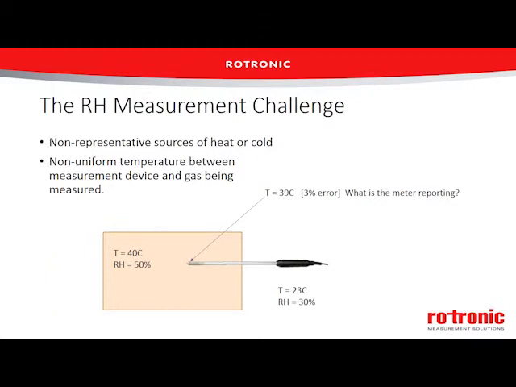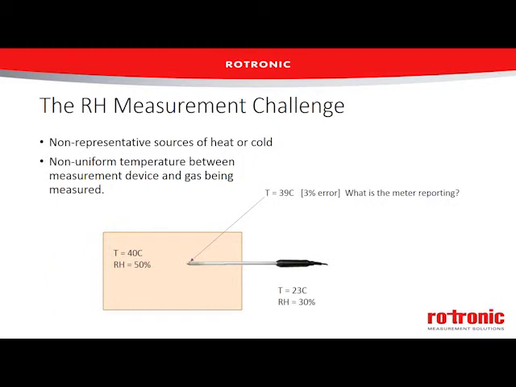In this example, we've got an environmental chamber set to 40 degrees C, 50% RH. We've got a probe going into it, and the bulk of that probe is sitting in our ambient lab condition, 23 degrees C, maybe 30% relative humidity. We're seeing a significant difference between our temperature and humidity values between the probe and what we expect based on the set point. The question is, what's causing this?